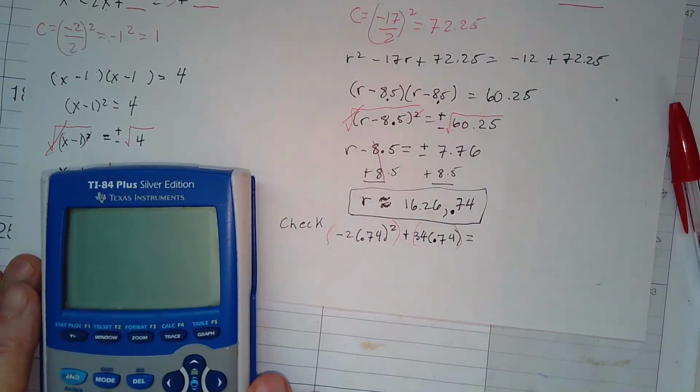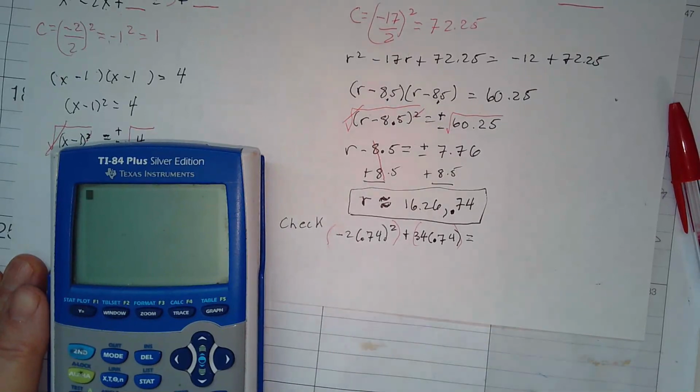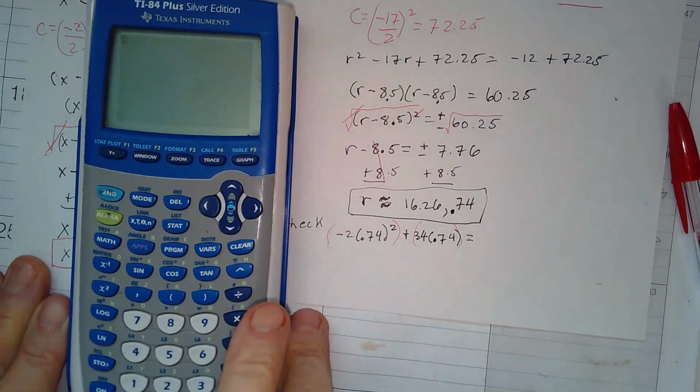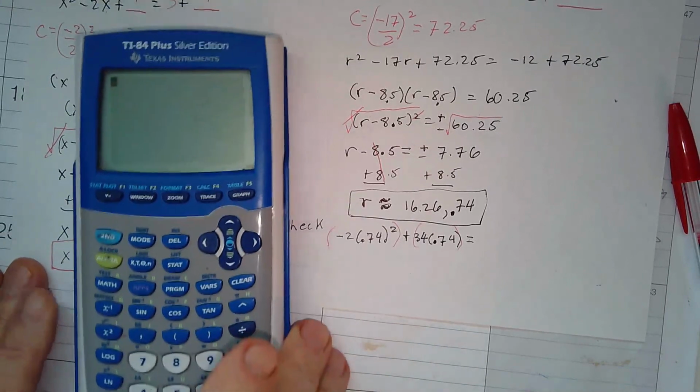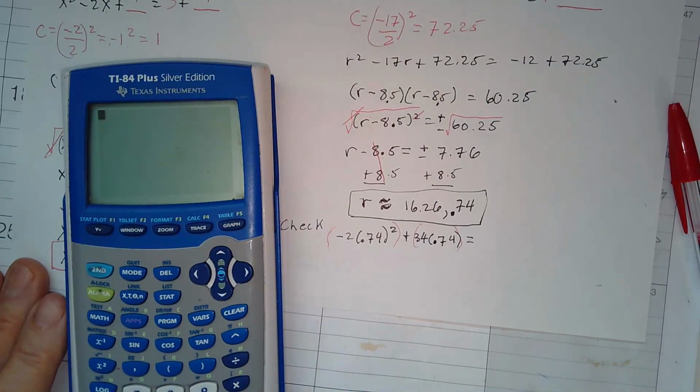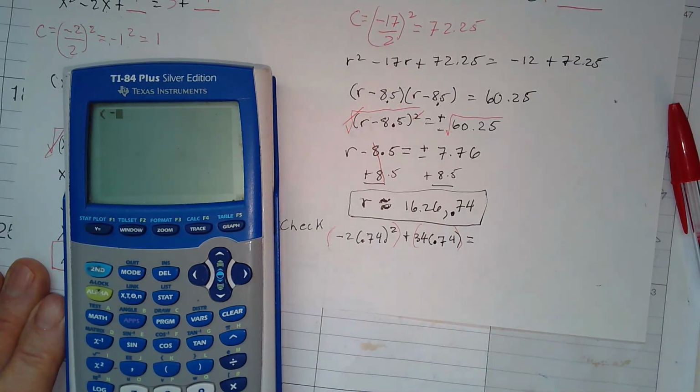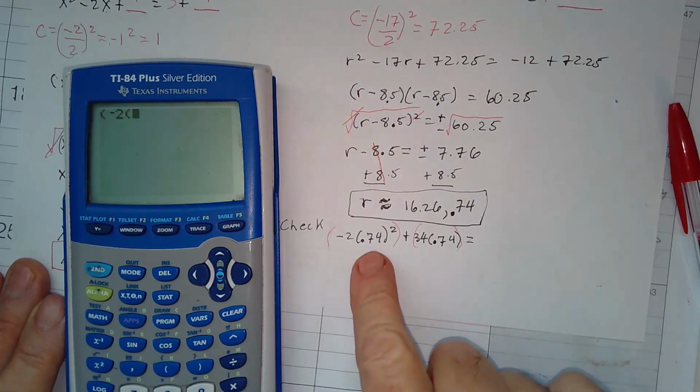So I'm going to do the outer parentheses. Here's my calculator. I put in parentheses, then negative 2, and then another parentheses times 0.74.